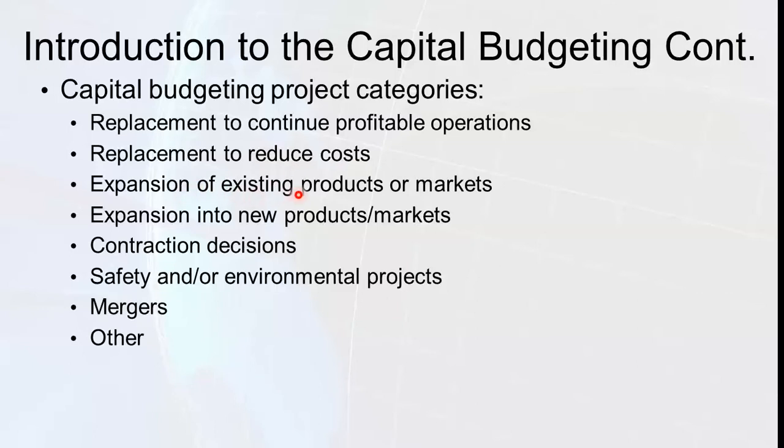Expansion of existing products or markets, expansion into new products or markets, contraction decision, safety and or environmental projects, merger, and other projects. Okay, so there are several different types of capital budgeting projects.